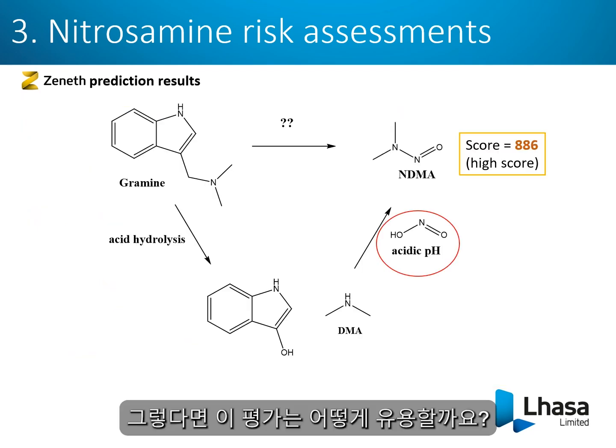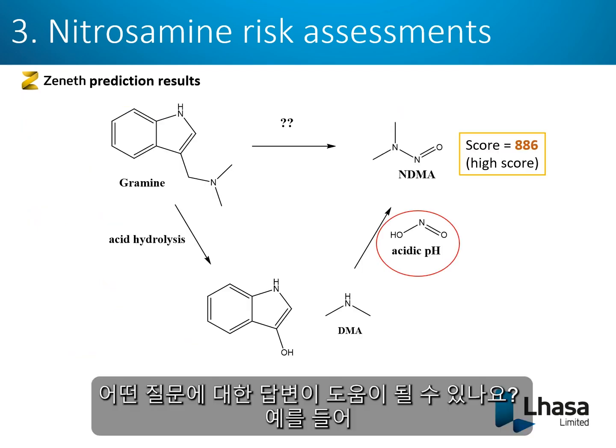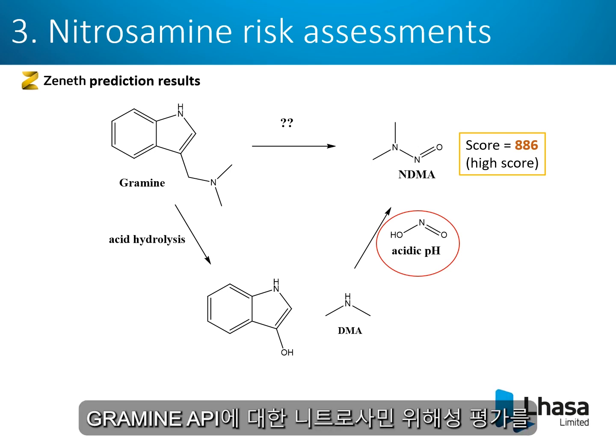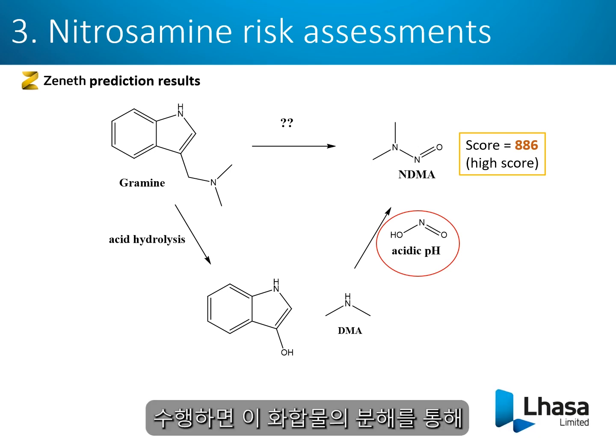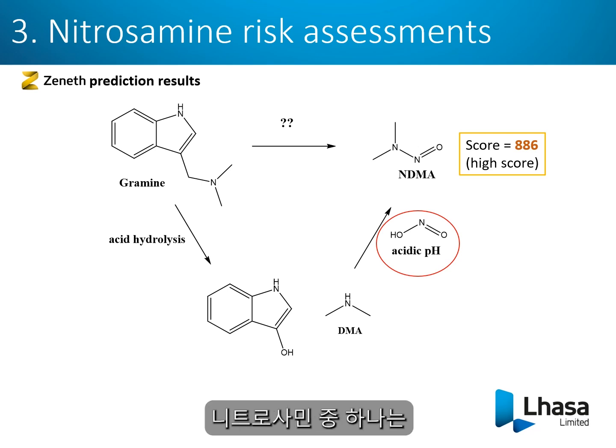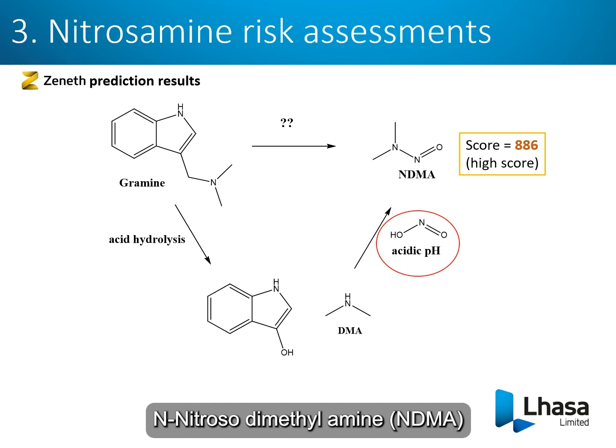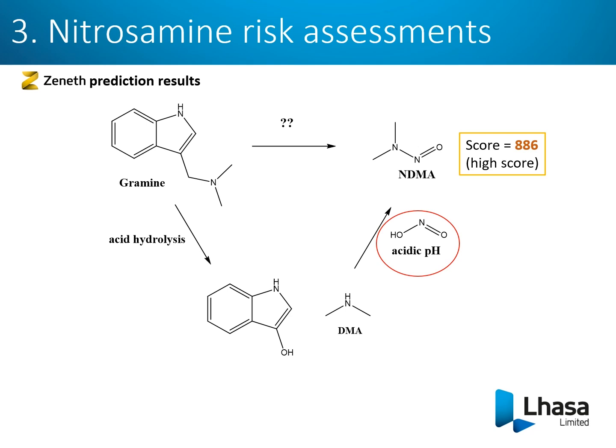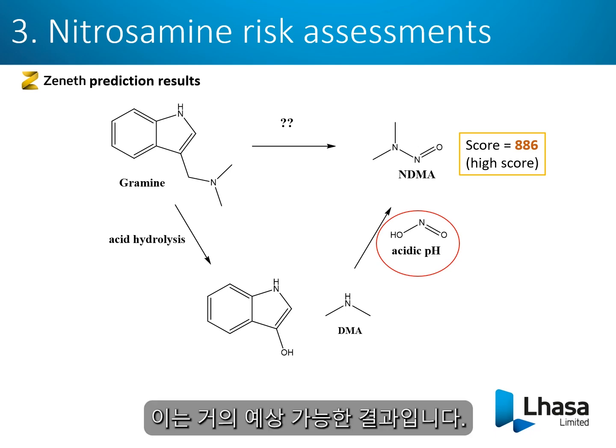If we use Gramine as our example API, the nitrosamine risk assessment for this compound will predict that one of the theoretically possible nitrosamines that can form through degradation is N-nitrosyl dimethylamine, or NDMA. This is hardly surprising. There is plenty of published experimental evidence to show that NDMA has been found in many batches of Gramine.